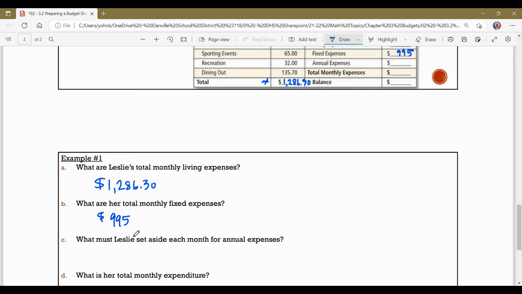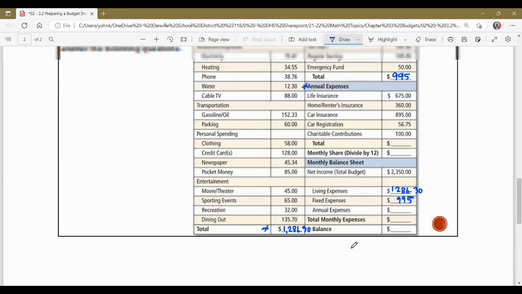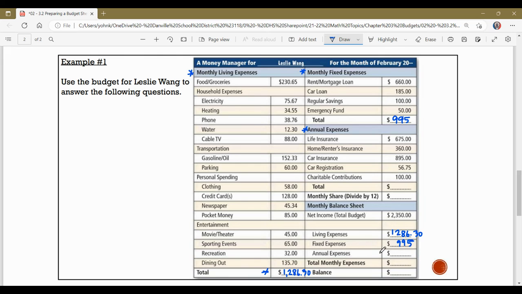Letter C, what must Leslie set aside each month for annual expenses? So that's how much she should set aside each month. That's this answer right here. Before I can find the monthly share, I need to find the total of the annual expenses. So I'm going to take all these numbers here: life insurance, renter's insurance, car registration, charitable contributions.